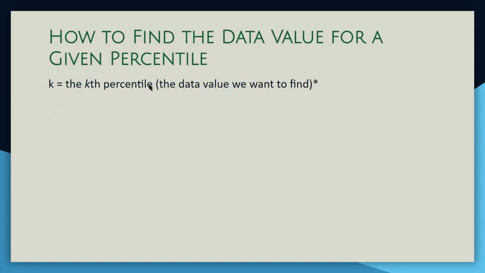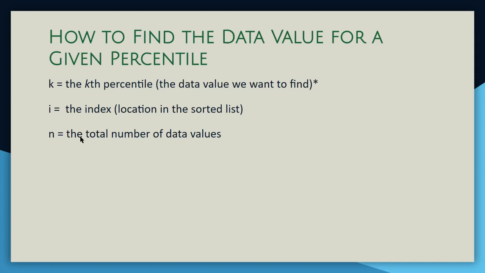So if we're given the 75th percentile, k is 75. If I'm given the 30th percentile, k is 30. i is going to be the index. This is the location in the list that we're interested in. And then n, just like before, total number of data values.